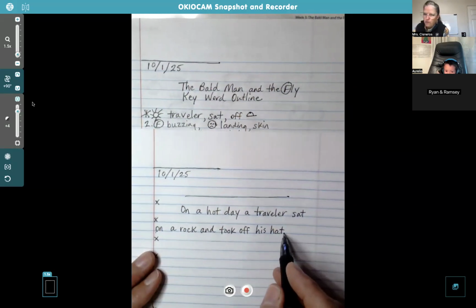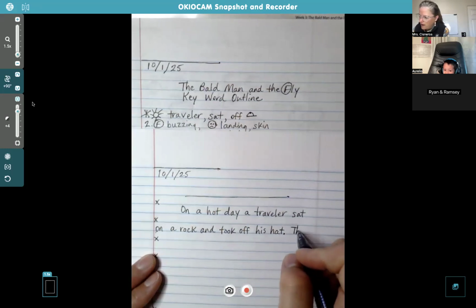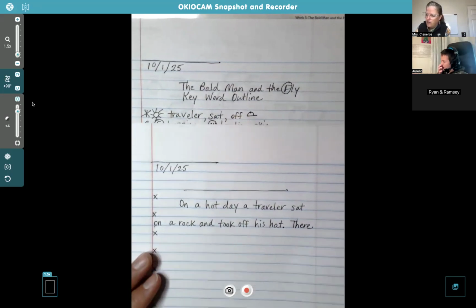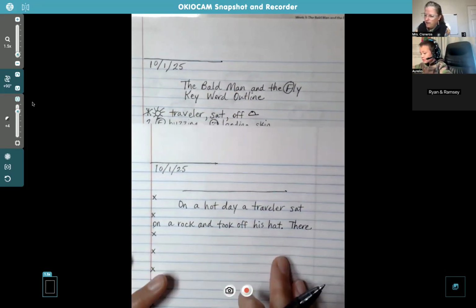All right, so after the period on the same line, if you have space, let's put there, because you're going to keep going. This is a paragraph, okay? So keep going past the period.